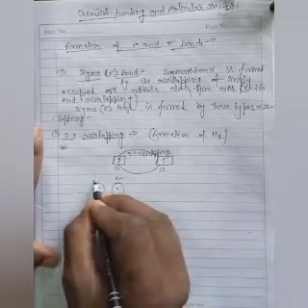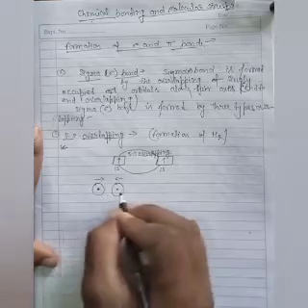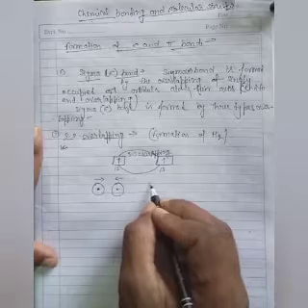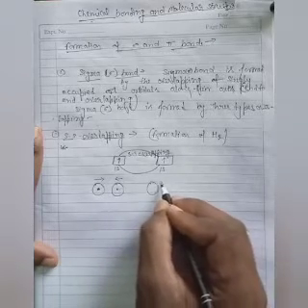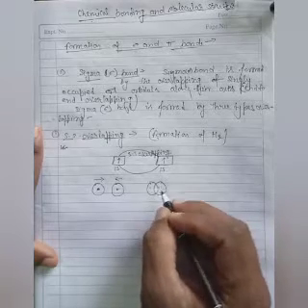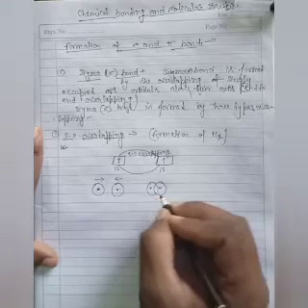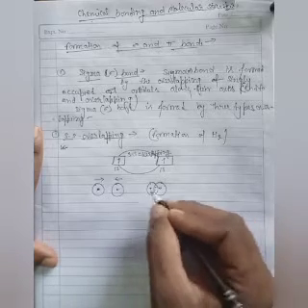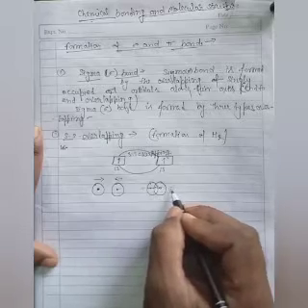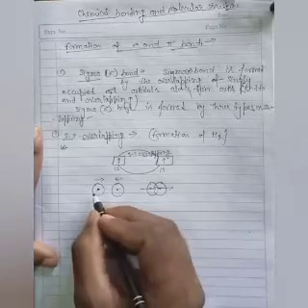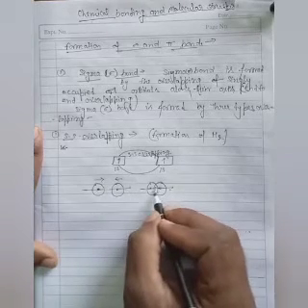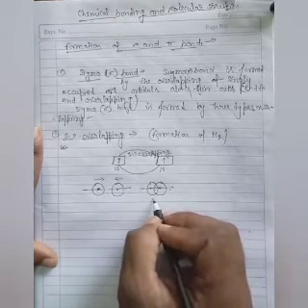Both atoms come closer to each other and overlap in this manner, on their axis. The shared electrons come in between the two orbitals. This is the axis of the atom, and this is also the axis of the atom.